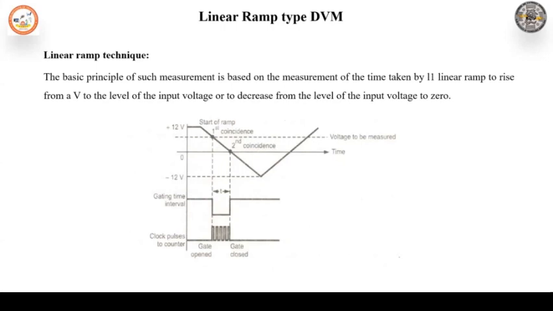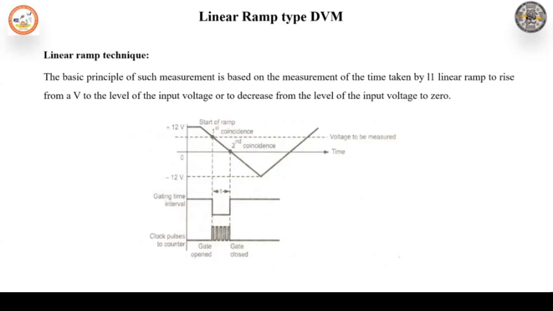The ramp continues to decrease and finally reaches 0 volts or ground potential. This is sensed by the second comparator or ground comparator. At exactly 0 volt, this comparator produces a stop pulse which closes the gate.